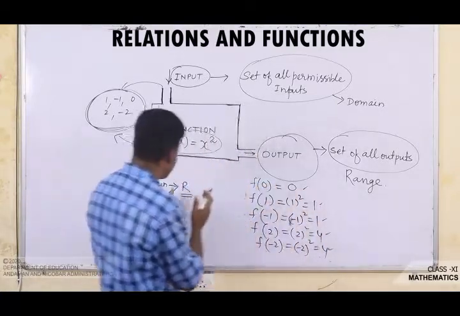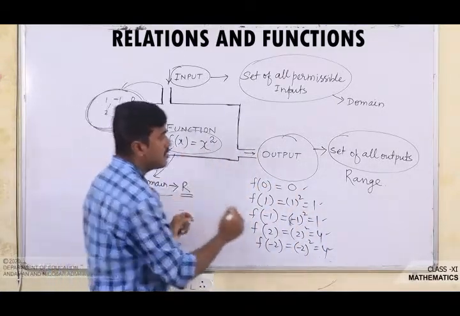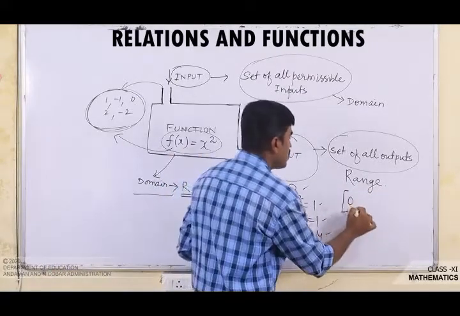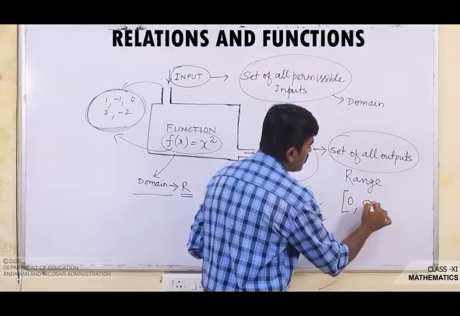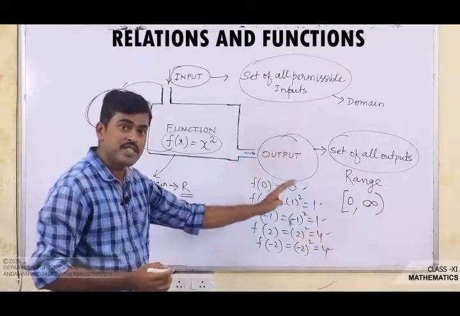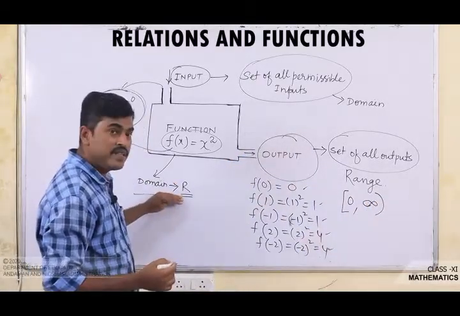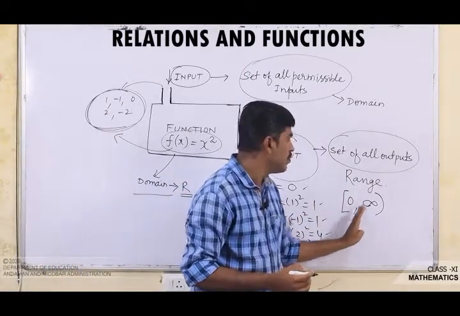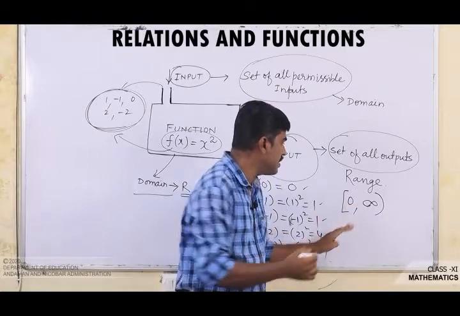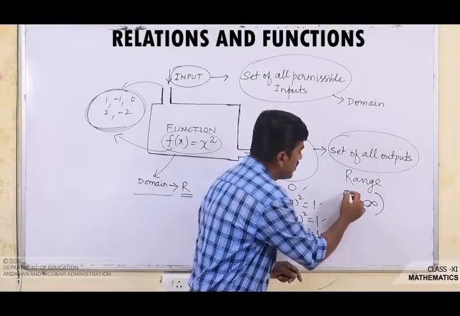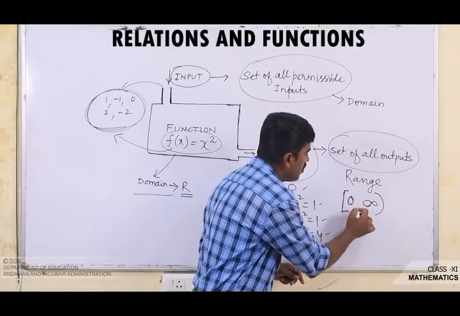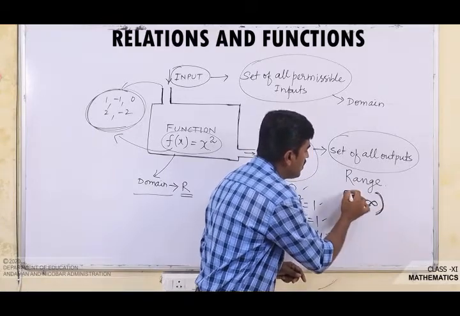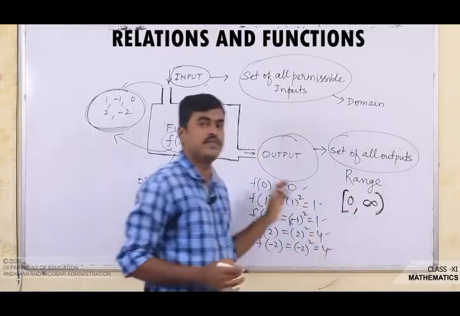That means if we take the domain as the set of real numbers, then the range of this function is the closed interval from 0 to infinity. The images of all the elements of the domain are greater than or equal to 0. Clear? We write it in interval form: closed at 0, open at infinity. This is the range of this function.